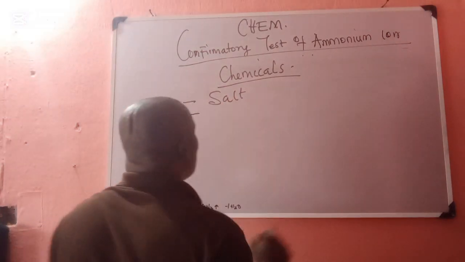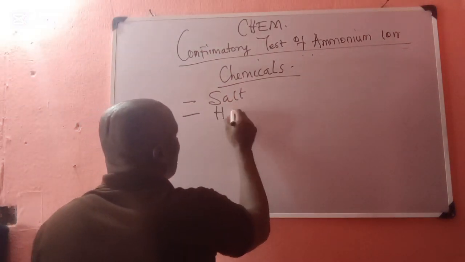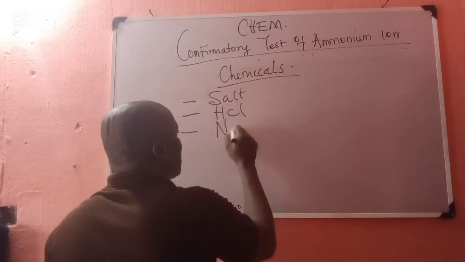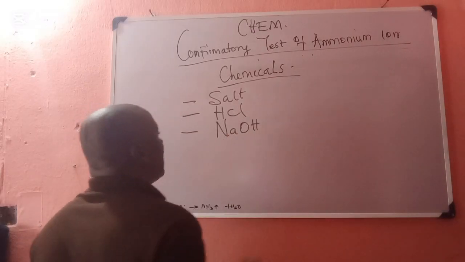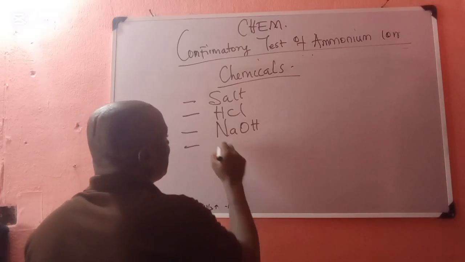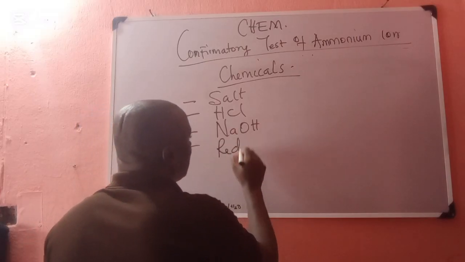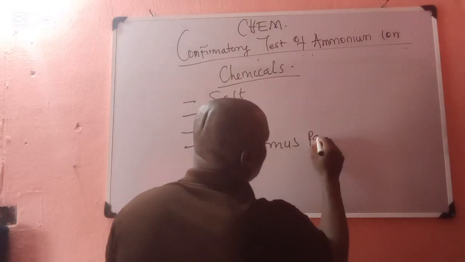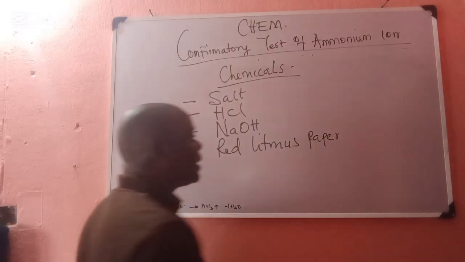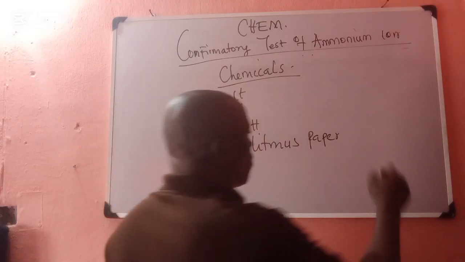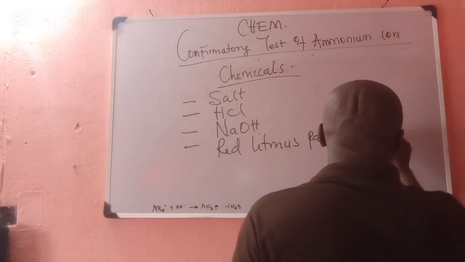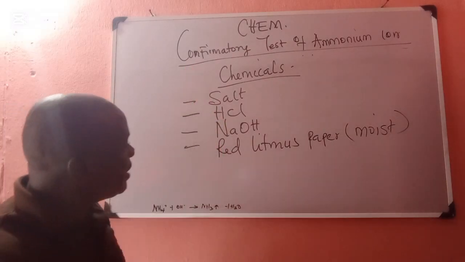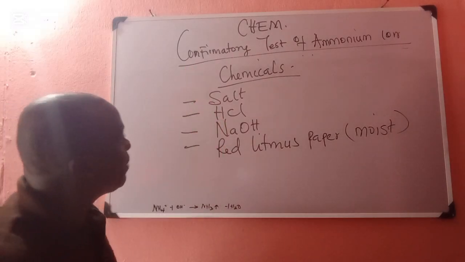Then the next thing is hydrochloric acid, which is our HCl. Another one is sodium hydroxide. Then another material we also need is red litmus paper, a moist type. So these are the materials and the chemicals that we need.